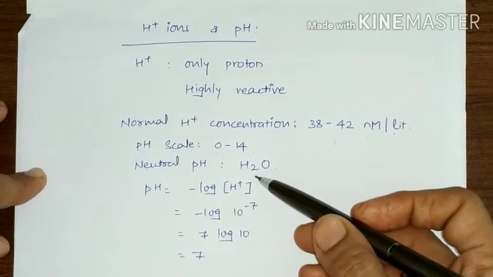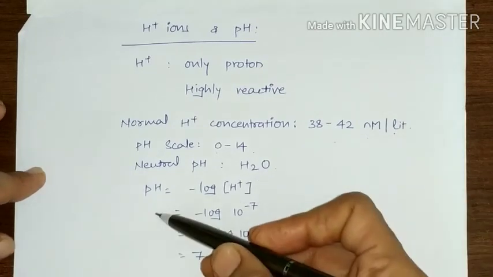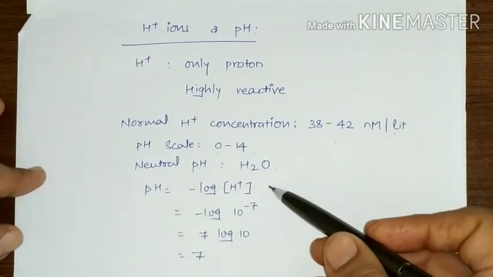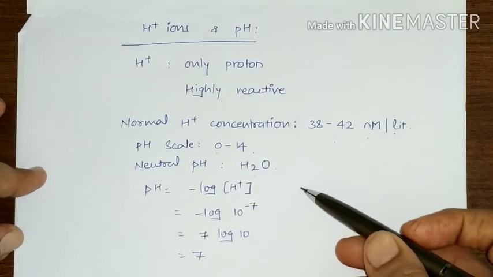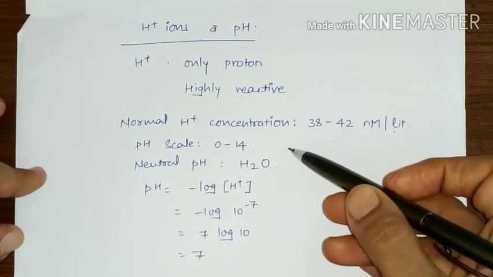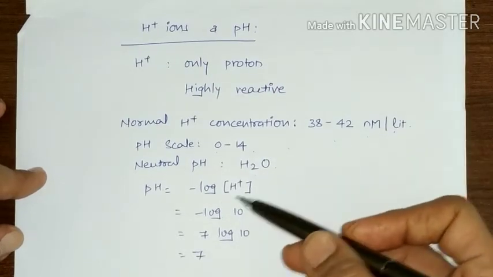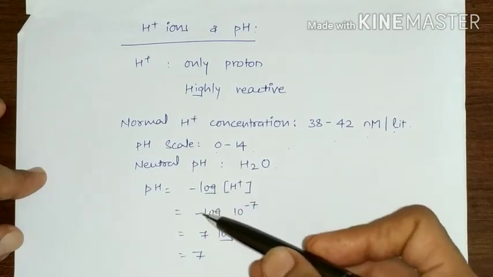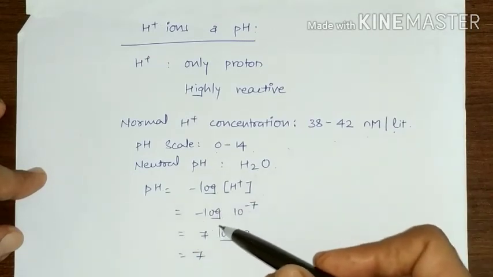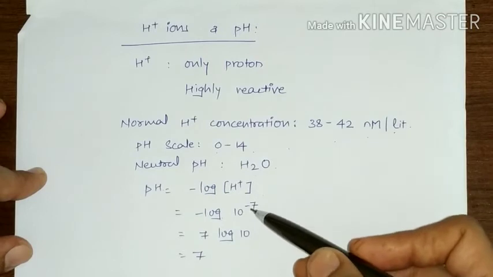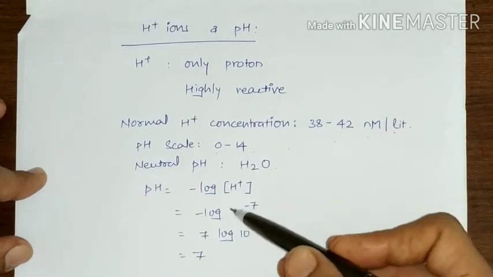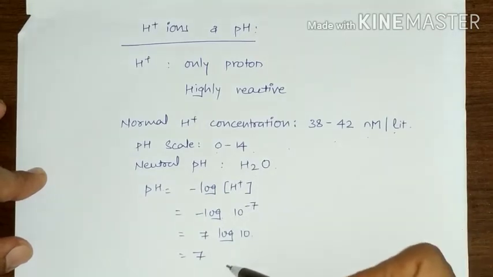Now, how to calculate pH? pH is equal to minus logarithm of H plus ion concentration. If we talk about water, when we place this formula, pH is equal to minus log H plus ion concentration, that is 10 raised to minus 7, and therefore pH of water, that is neutral, is 7.